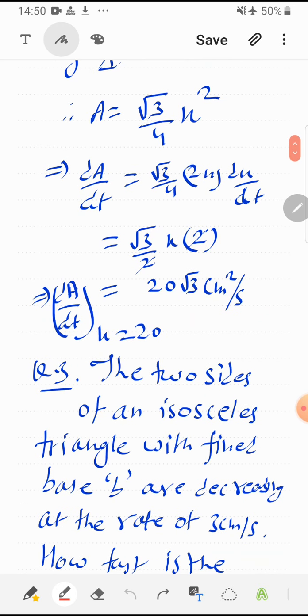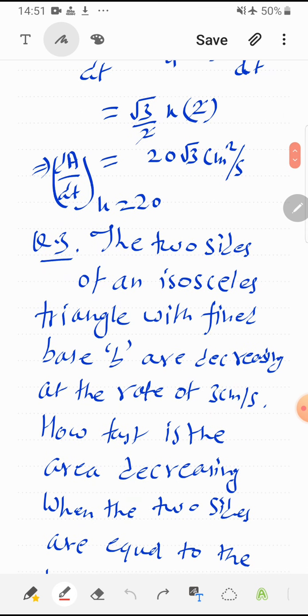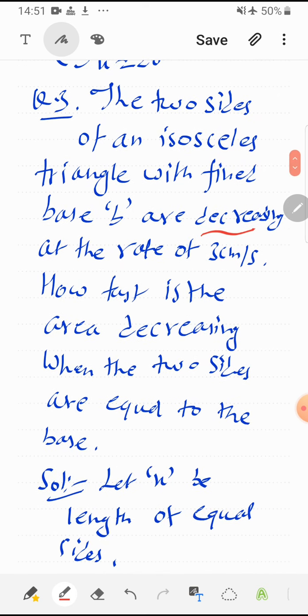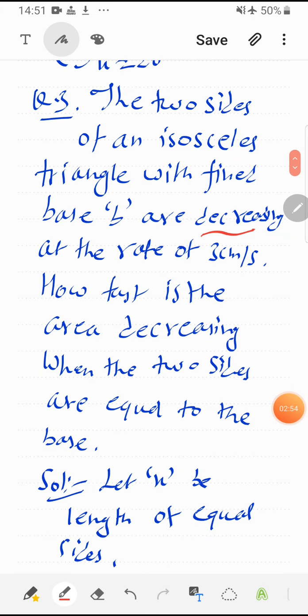Next is a similar question but a little bit complex. The two sides of an isosceles triangle with fixed base b are decreasing at the rate of 3 centimeter per second. Remember, decreasing. How fast is the area decreasing when the two sides are equal to the base? Now let x be the length of the equal sides.